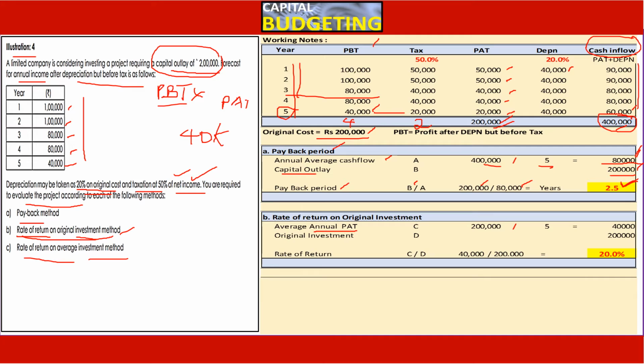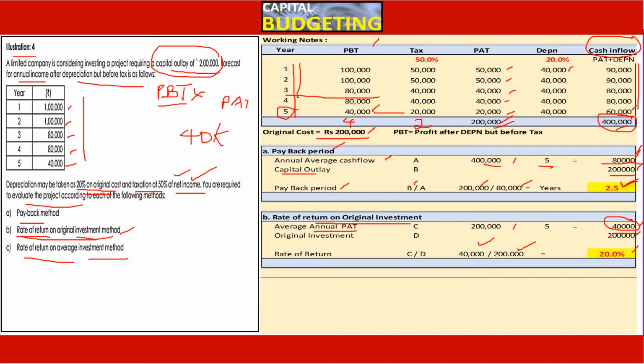What is the average annual PAT? 2 lakh divided by 5 is equal to 40,000. Every year on my investment of 2 lakhs, I am making an average profit of 40,000. So 40,000 over 2 lakhs is my return on original investment, which is nothing but 20%.